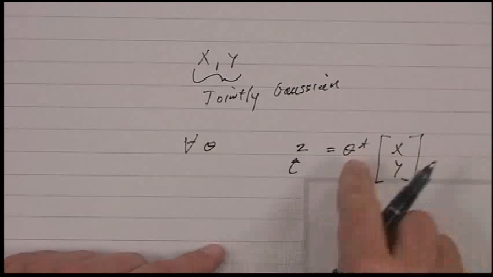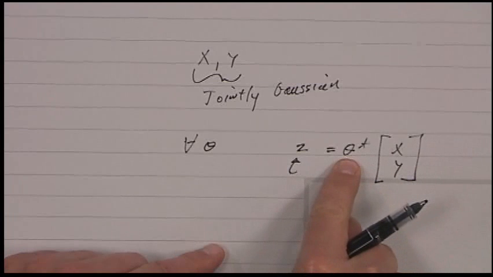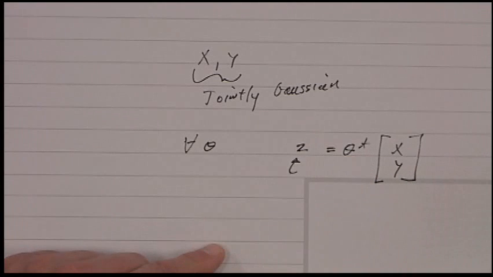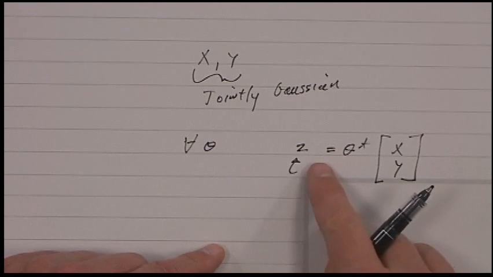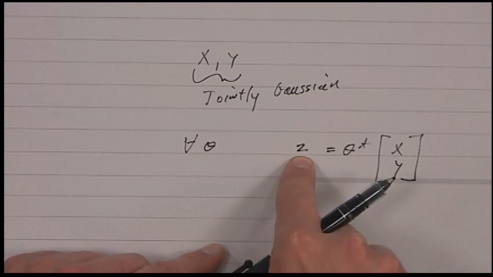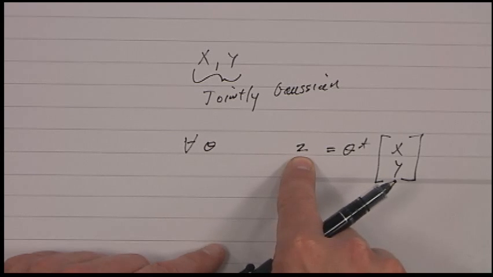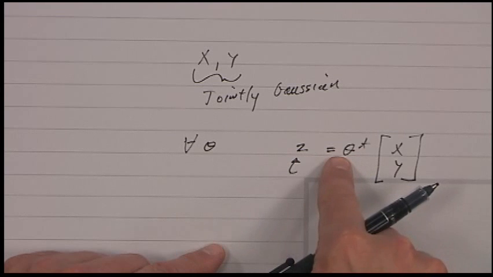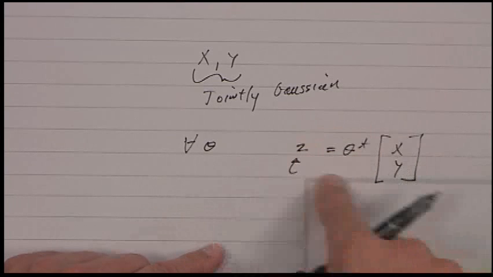If this is always Gaussian for all theta, then it's Gaussian. That's another way of specifying it. This has to be Gaussian, and if it's Gaussian, its variance has to be greater than 0. So if this is a Gaussian random variable for all values of theta, then this is jointly Gaussian.